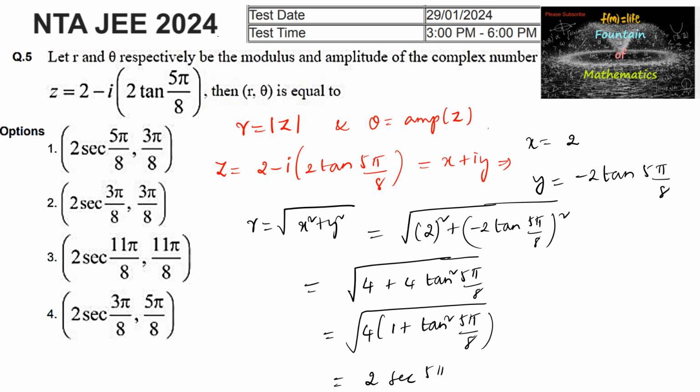So secant 5 pi by 8 we can write in the mod. So this is the r value.